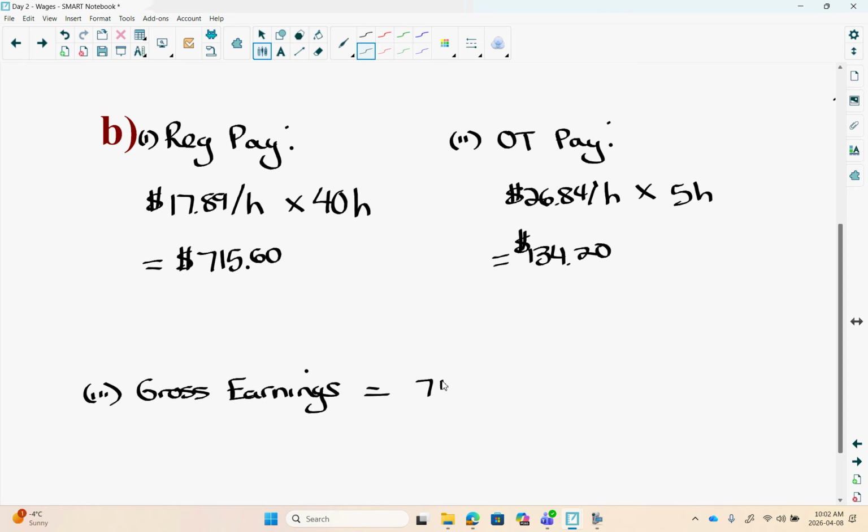He's getting this much, 715.60, and he's getting this much, 134.20. And I get $849.80. Okay, $849.80. That's how much Jonathan would get before deductions. That's his gross earnings.